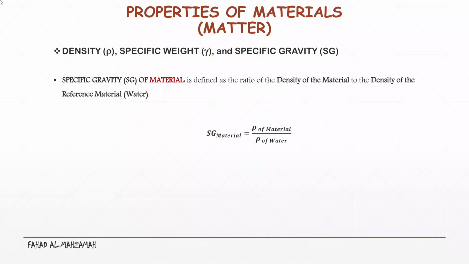We have specific gravity for material, and material is classified into liquids and solids. The other type is specific gravity for gases. So how do we find the specific gravity of a material? The specific gravity of a material is defined as the ratio of the density of the material to the density of the reference material, which is water.